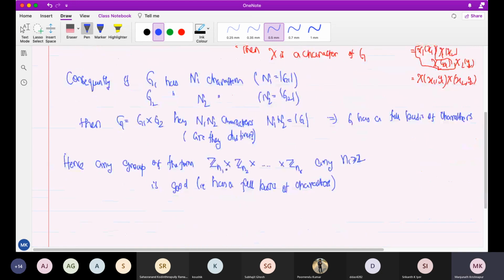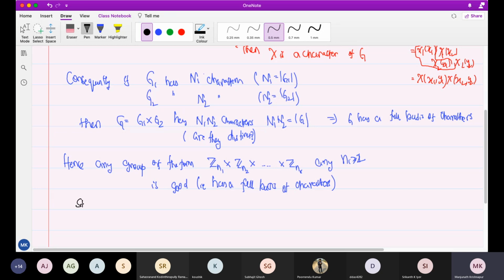So this is the positive side. On the negative side, we saw no non-abelian group is good in our sense, but every product of cyclic groups is good. Now, what are all the groups I can get as products of cyclic groups? Any abelian group. That's the structure theorem, right?